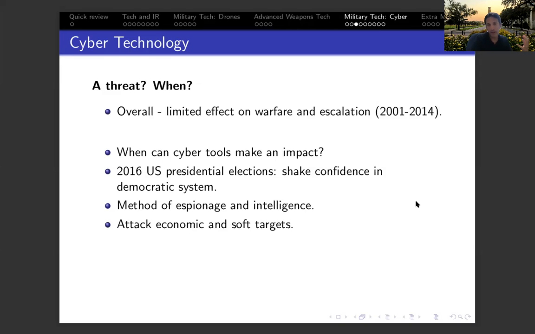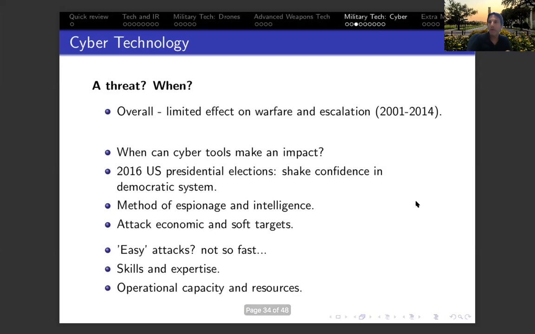Now, one of the last points in this introduction into cyber is to talk about an accepted perception, which is not entirely correct. In many ways, a lot of non-experts tend to suggest that it is very easy to execute cyber attacks and cause severe damages.